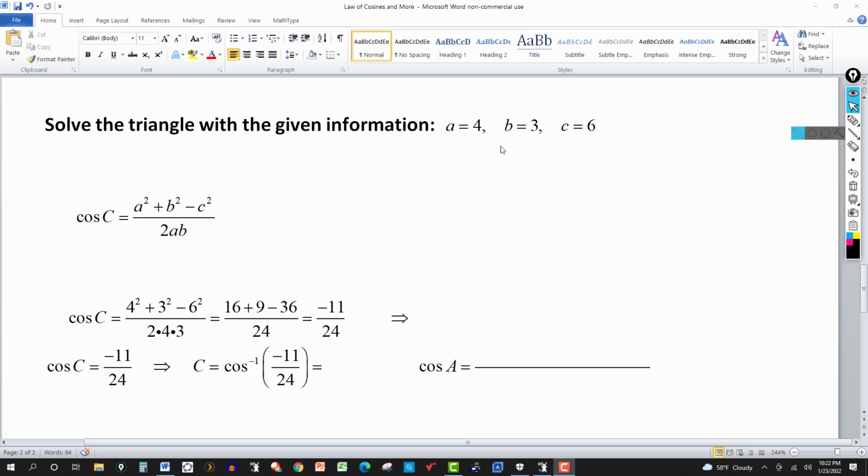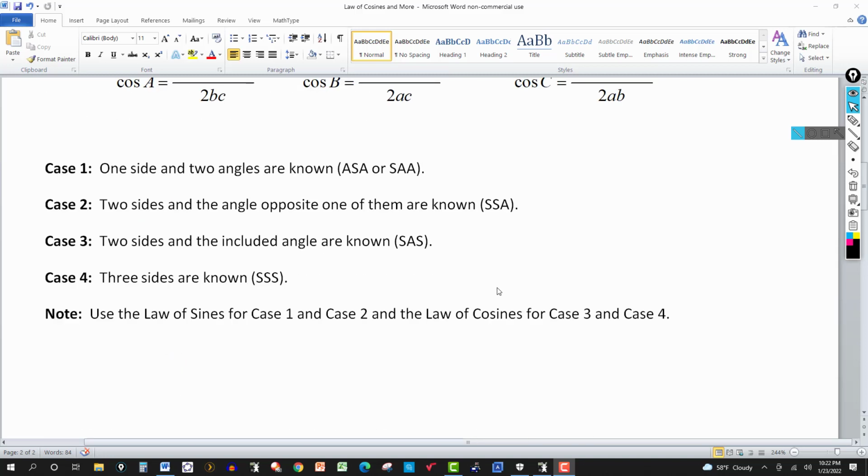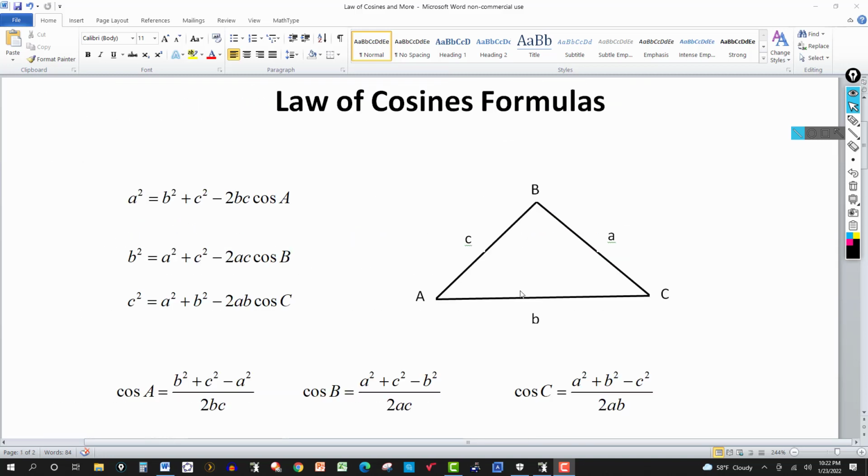That's opposite side c. So if I use the formula for cosine of C, cosine of C will equal, in the numerator, the sum of the squares of the included sides. Over here, a and b are the sides, the included angle is C, and then you have the side opposite that, which is side c.